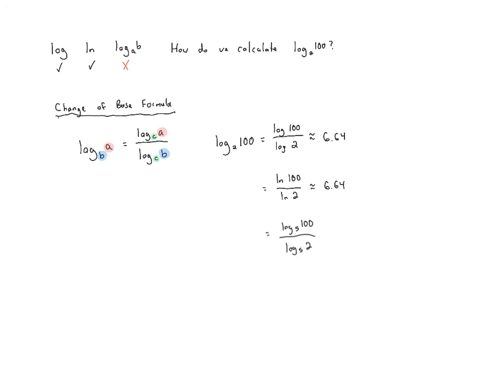But because most calculators can't deal with logs base 5, this doesn't really end up being that helpful. So really, we're going to generally use common and natural logarithms along with this change of base formula so that we can use our calculators to get good approximations.